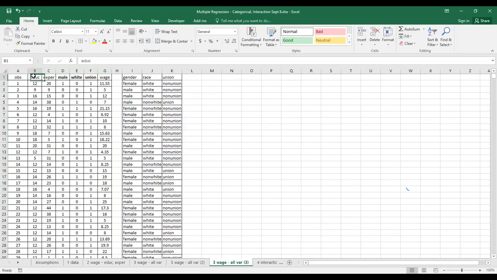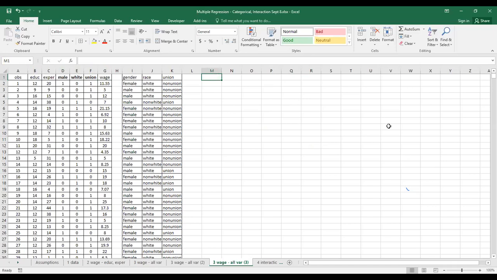Alright, so these are our independent variables. Yung education, experience, male, white, union, these are our independent variables. Yung wage natin yung dependent variable. Okay, so let's regress this now. Let me generate the output here. So I'll go first to M1 para automatic. Diyan natin ipapa-generate yung output ni real stat.